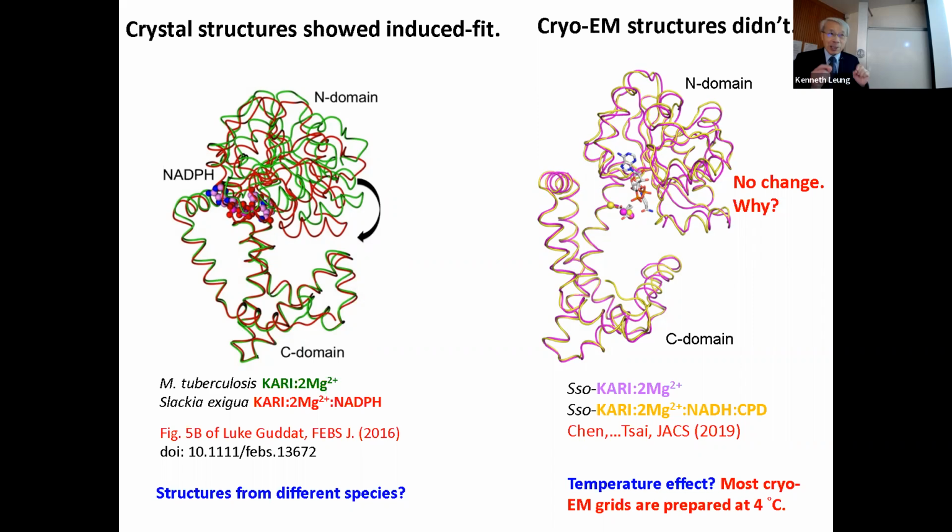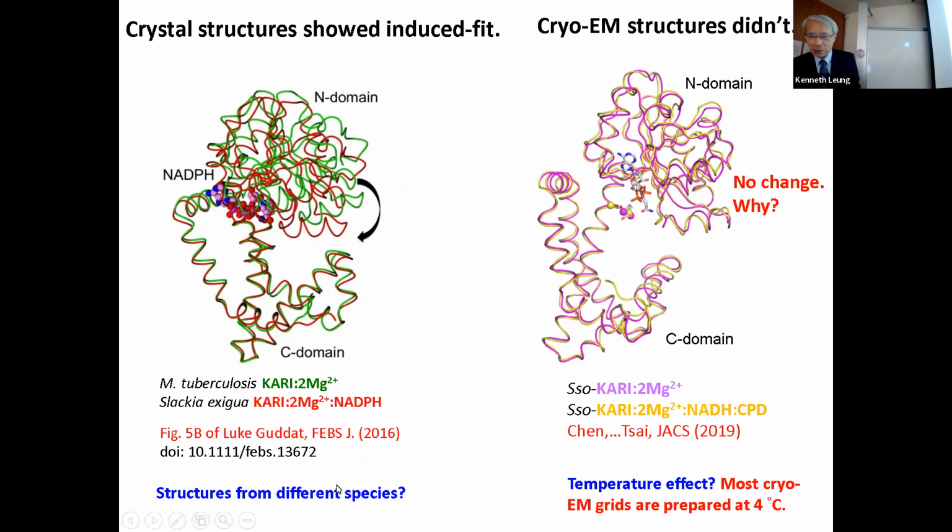Cryo-EM by definition is performed under cryo conditions at minus 180 degrees, but the sample is prepared starting with a liquid solution, and this solution is kept at a temperature for the purpose of stability or for readiness for freezing. They were kept at 4 degrees. But at 4 degrees, most proteins are inactive. So we thought maybe that's the reason.